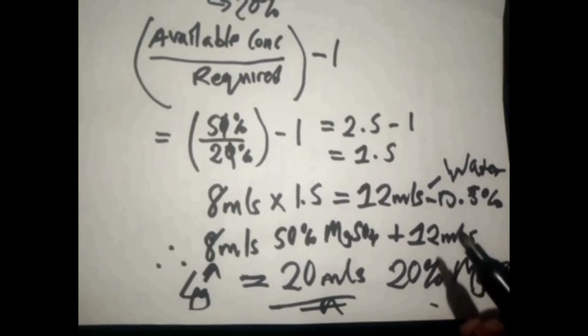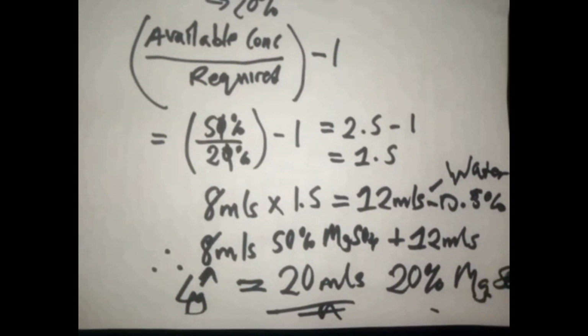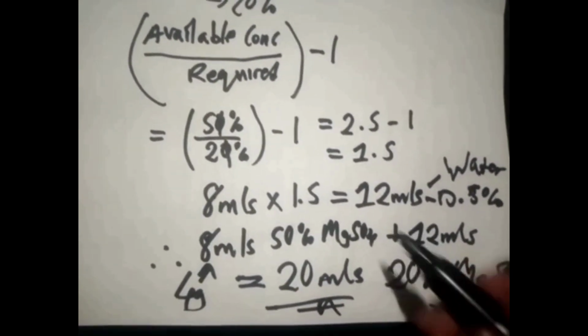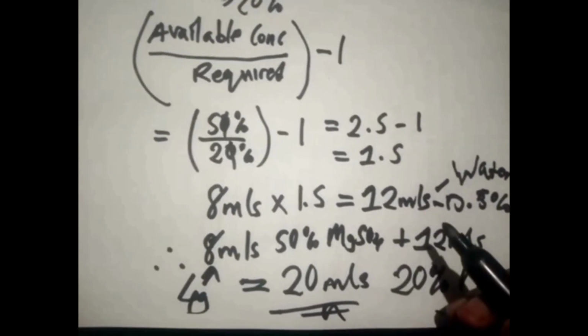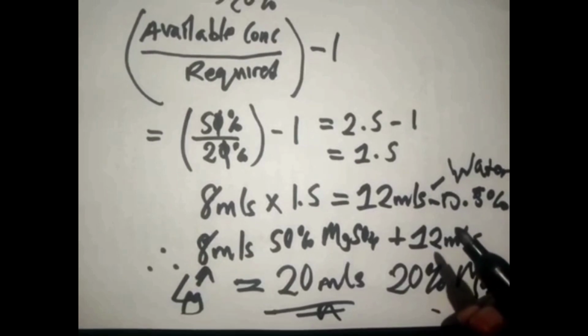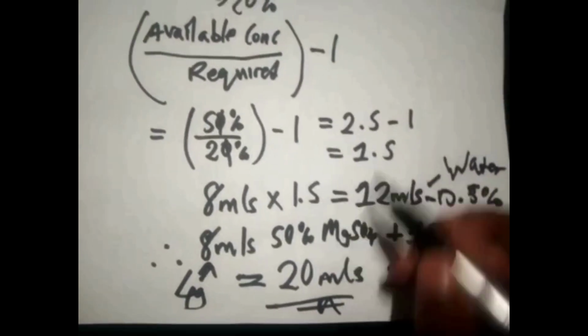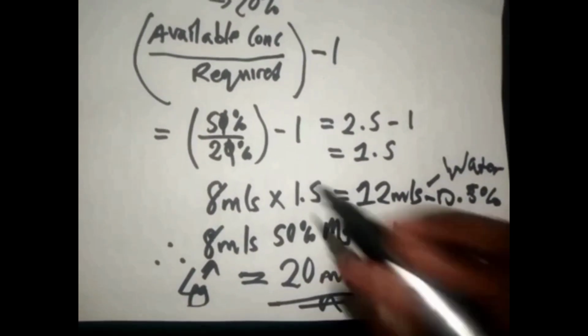Then after you give the loading dose, if the convulsions recur, you have to administer 2 gram IV magnesium sulfate. So on the last part, we are just going to go through how to do the calculation for the 2 gram now.